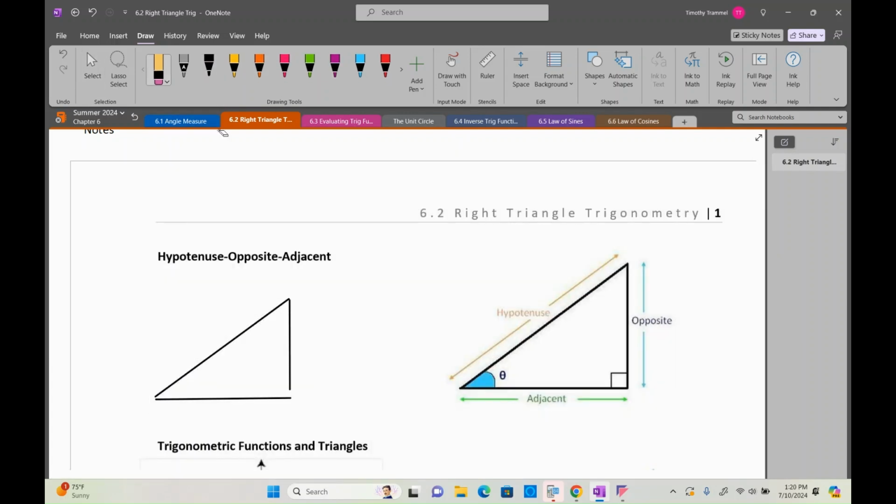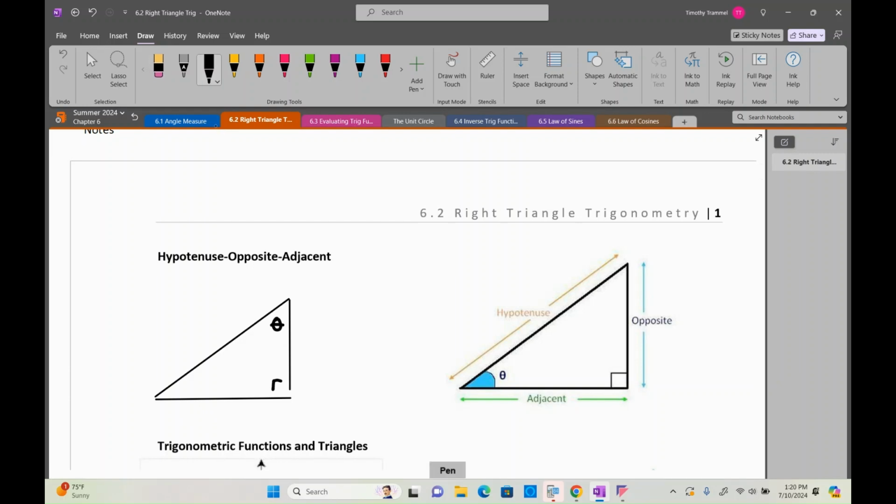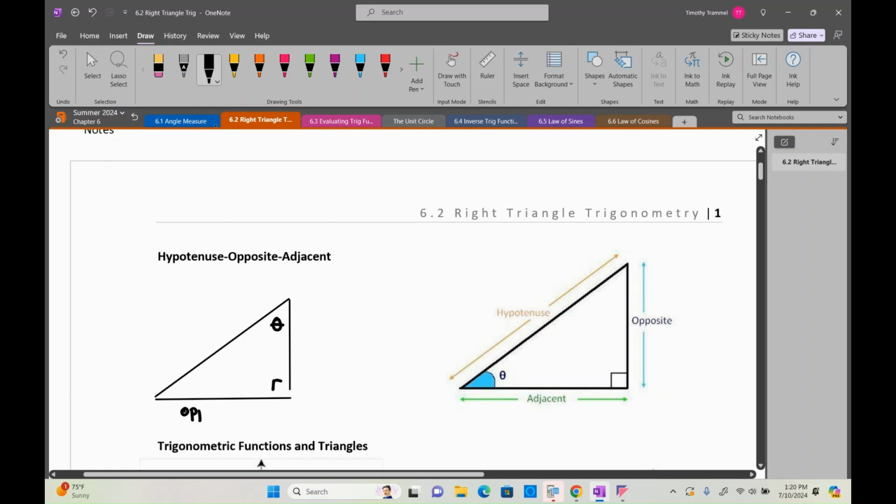So if I were to fill in here that this is a right angle, and this time I'll put the angle theta up here, then we'll call the side opposite of that angle, we'll call it the adjacent side. Let's go ahead and write that in here, adjacent. Or I'm mistaken there. Opposite of the angle, we should write the opposite side. That would make a lot more sense.